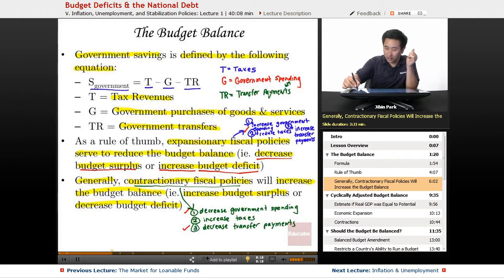Whereas Democrats, again, this is a crude generalization, Democrats will tend to want to increase government spending or at least increase transfer payments. But the downside is that they're going to want to increase taxes as well, which is what Obama basically did, with an increase of government spending, but an increase on the tax rates for the rich. Whereas, again, Republicans generally want to decrease taxes.